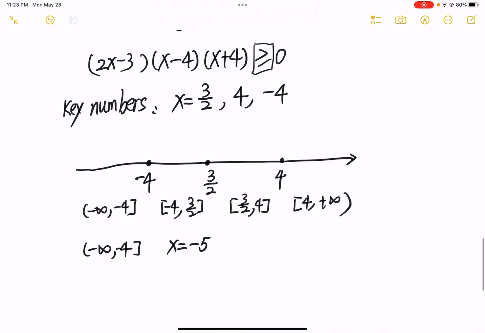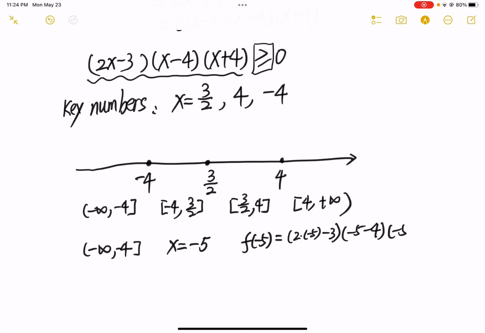So f of negative 5 is equal to 2 times negative 5 minus 3, times negative 5 minus 4, times negative 5 plus 4. Using a calculator, it's equal to negative 117, which is less than 0. So on this interval, it's a negative sign.